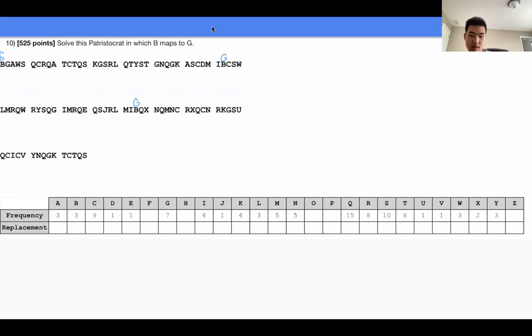Okay, so the hint doesn't do all that much, but I guess we might be able to make a stretch of a guess and have it be right. First we can just mark the common words. So Q, C, and S are the most common.